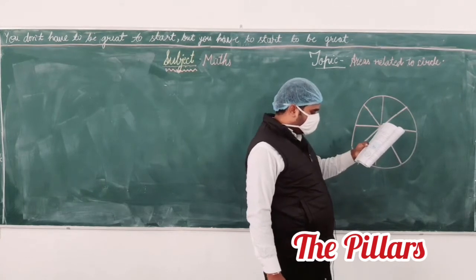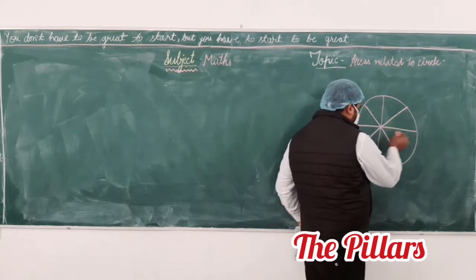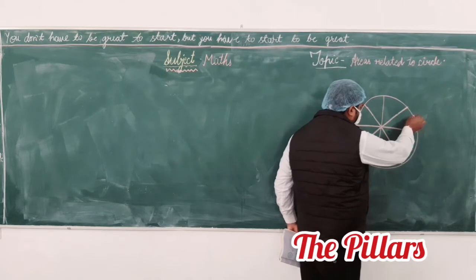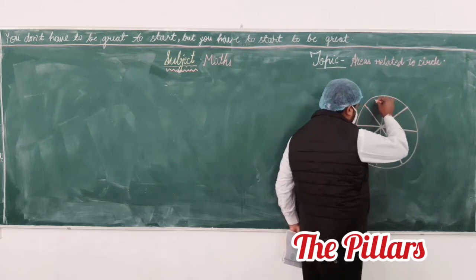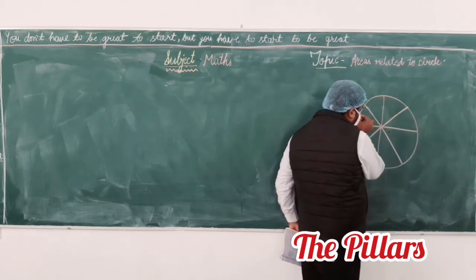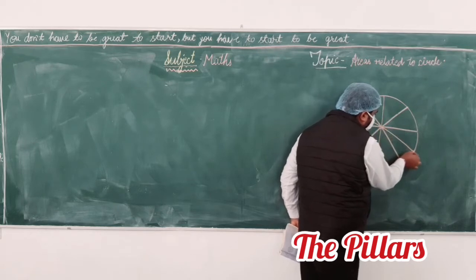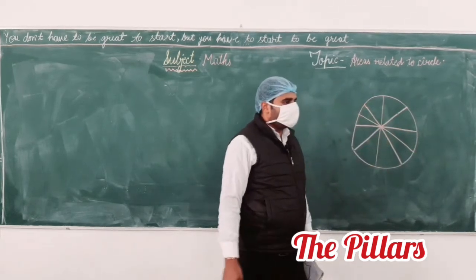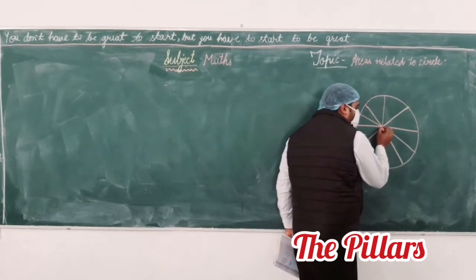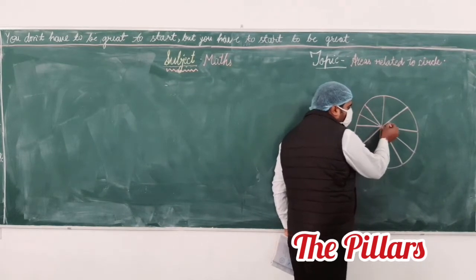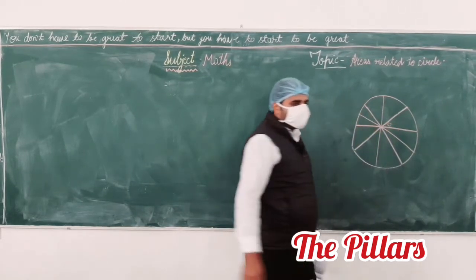One more. You see that we have to draw the 5 diameters, and this O is the center.